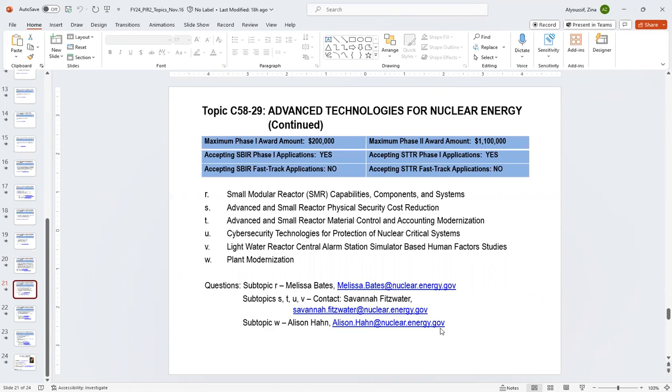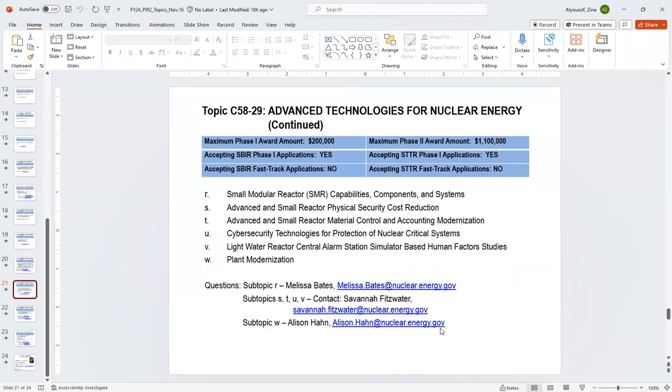The last one is V, light water reactor central alarm station simulator based human factor studies. Applications here are sought in possible partnership, potentially with a company or a university with a strong human factors component.